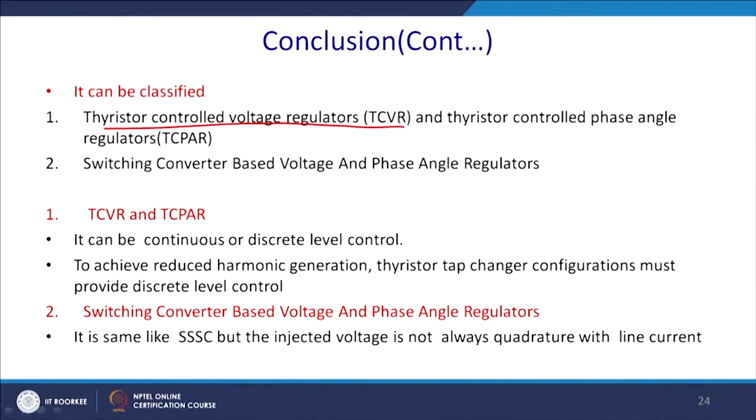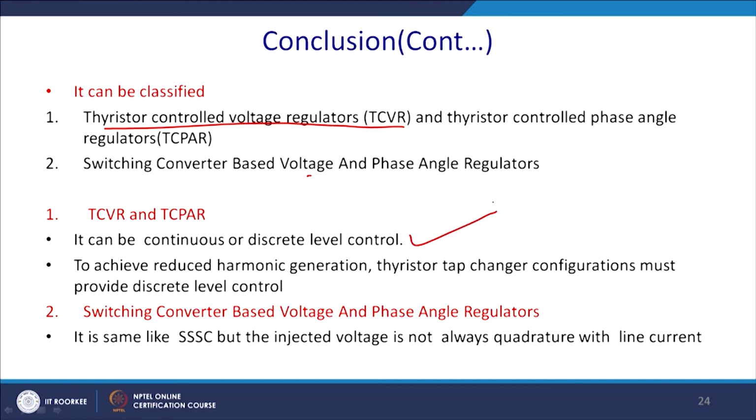It can be classified as thyristor controlled voltage and phase angle regulators, and switching converter based voltage and phase angle regulators, that is TCVAR and TCPAR. It can provide continuous or discrete levels of control in steps.